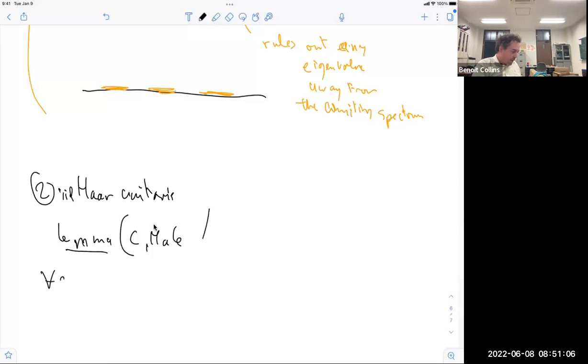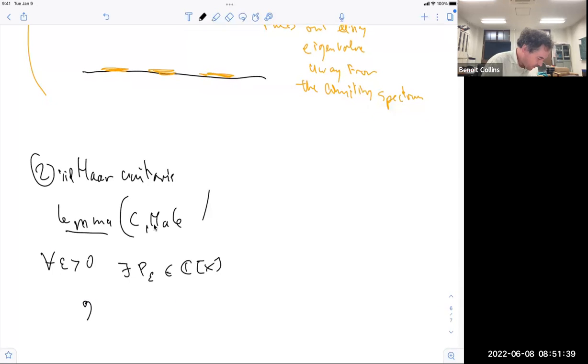that if you take a positive epsilon, then you can find some polynomial which will depend on epsilon, so a C-valued polynomial, which has the property that given IID Haar unitaries U1 to UD, maybe I should keep track of the dimension.